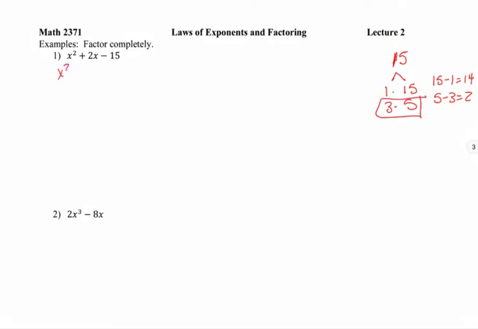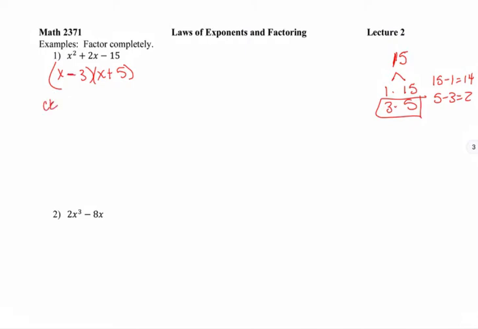I'm going to have x squared, so x and x, and 3 and 5. Since this is a minus sign, that means that my greater factor gets the plus sign, my smaller factor gets a minus.